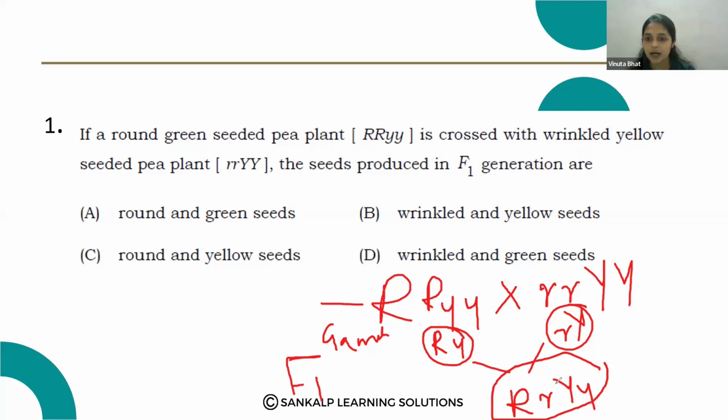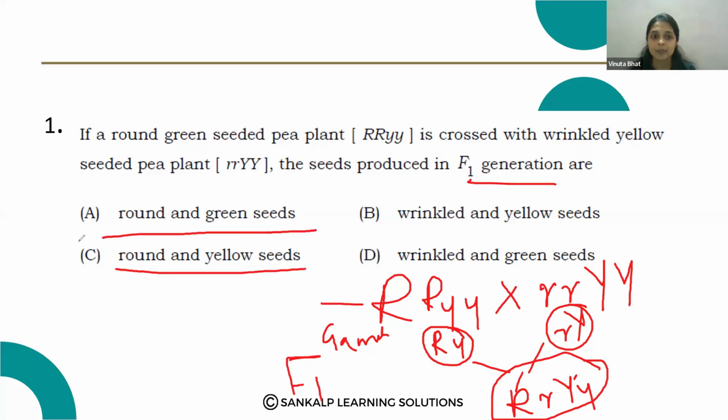This capital R means round, and capital Y means yellow. Okay, so the F1 generation plants have round and yellow seeds. That is option C, the correct answer.